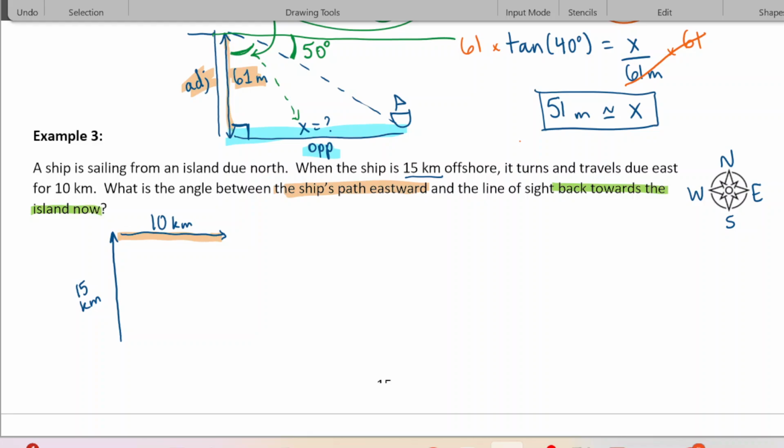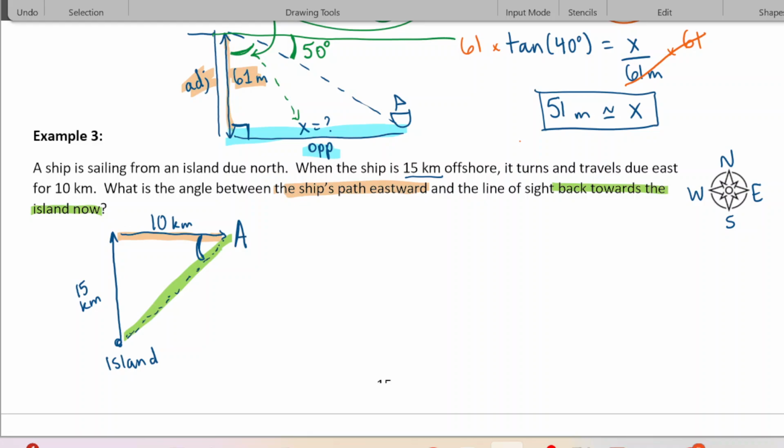So this was the island. If I look, what it means by line of sight is if I look back at the island now from where I am. So it's talking about this. So it's the angle between the orange line and the green line. So we want to find this angle. I'm going to label it angle A.